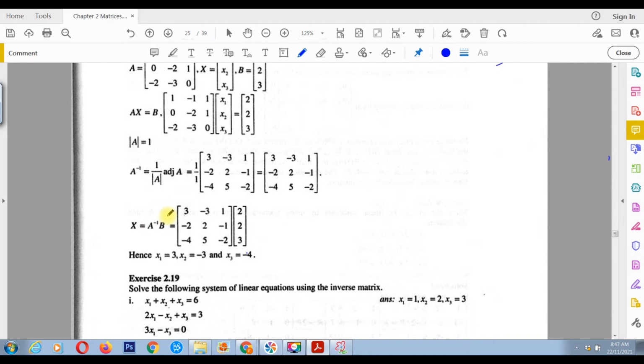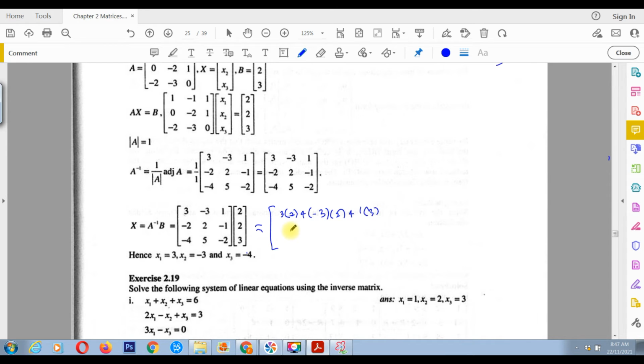After you find it, x equals to A inverse times b, so you need to add more operation here, which is multiplying these two matrices. So 3 times 2 plus negative 3 times 2 plus 1 times 3.